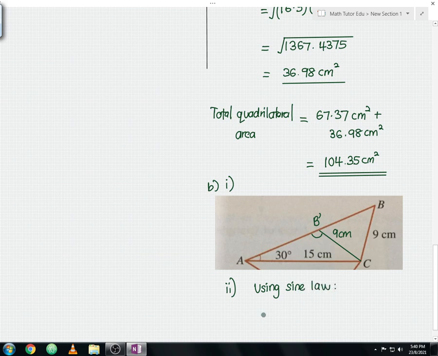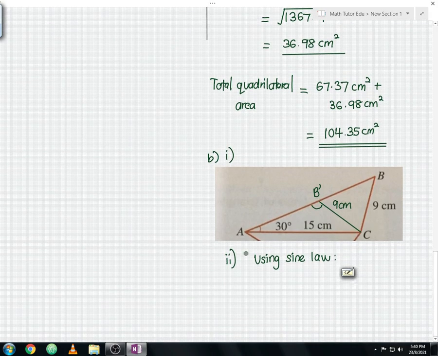From here, sine 30 degrees, you divide with the corresponding length, in this case 9 centimeters, and then equal to sine angle AB'C, which is this particular angle, sine angle AB'C, and then you divide with the corresponding length, which is 15 centimeters.